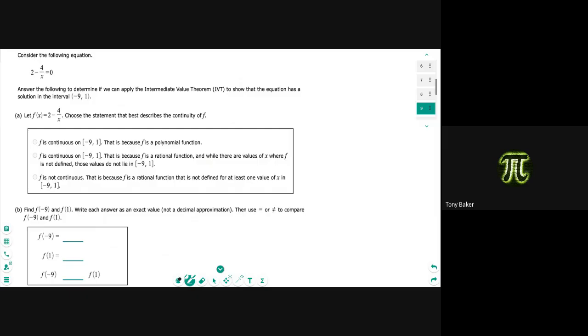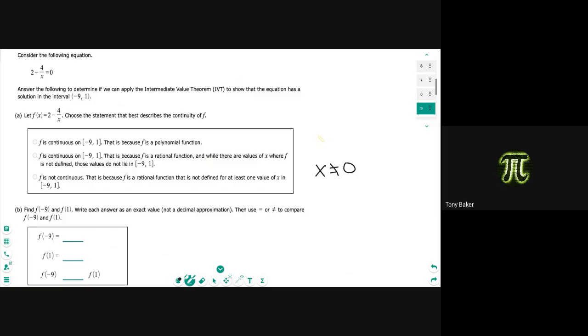All right. So first off, it's not a polynomial, right? This is a rational function. If it was a polynomial, it's automatically continuous, because you don't have any domain restrictions. This is a rational function. We're dividing by x, so x cannot equal 0 because I would be dividing by 0.